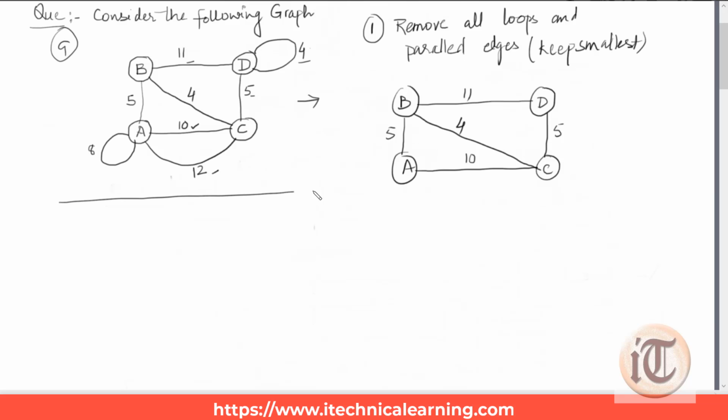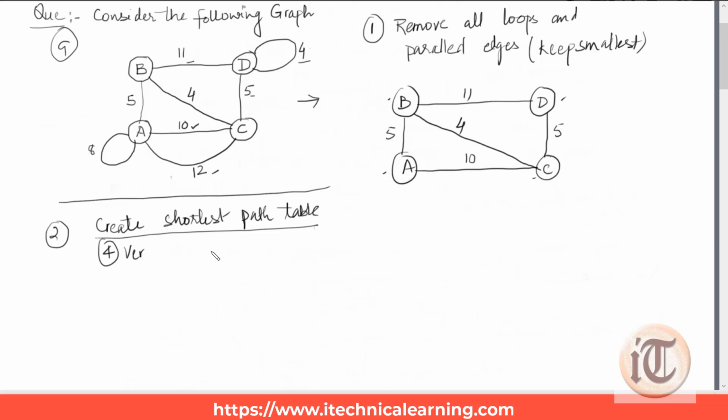Okay, now move to step number 2. Step number 2 says create the shortest path table. Now to create the shortest path table, first we have to identify how many vertices are available in our graph. We can see in this graph we have 4 vertices, that is A, B, C and D. As we have 4 vertices, our table will contain 4 columns.